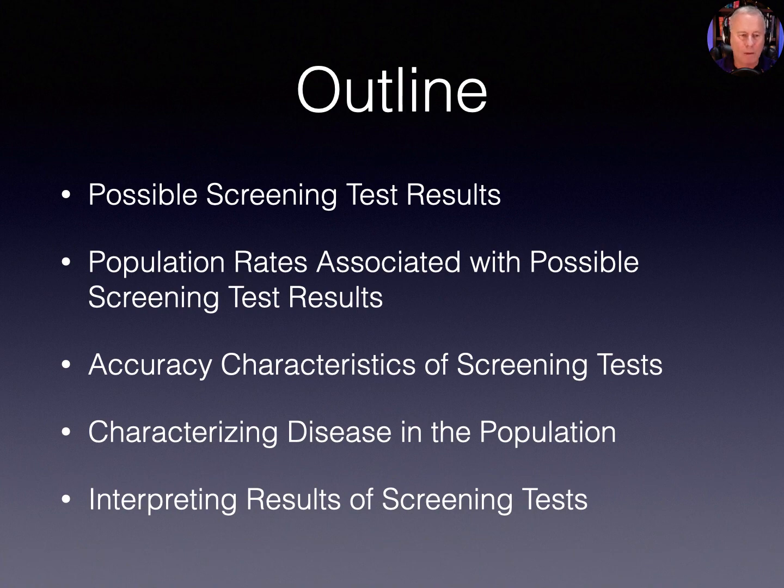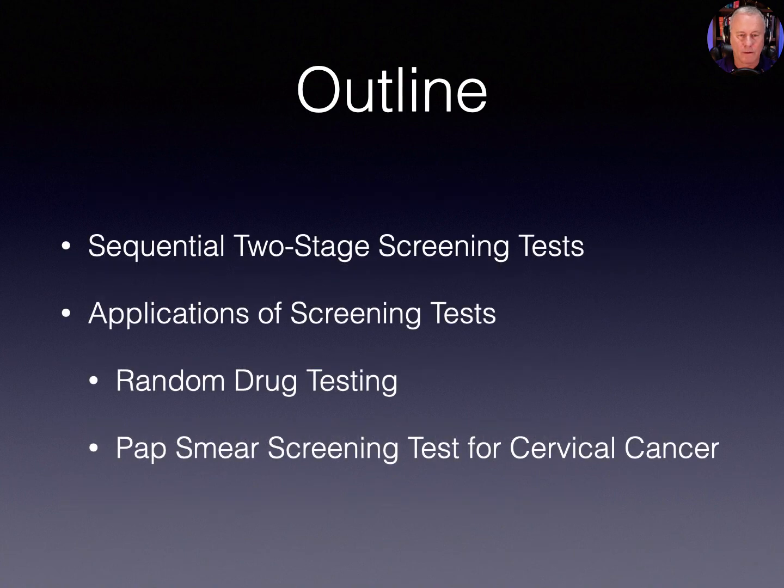We'll then look at how to properly interpret results from a screening test. We'll then look at a sequential two-stage screening test. And then in subsequent videos, we'll look at some applications of screening tests, in particular random drug testing and pap smear screening test for cervical cancer.